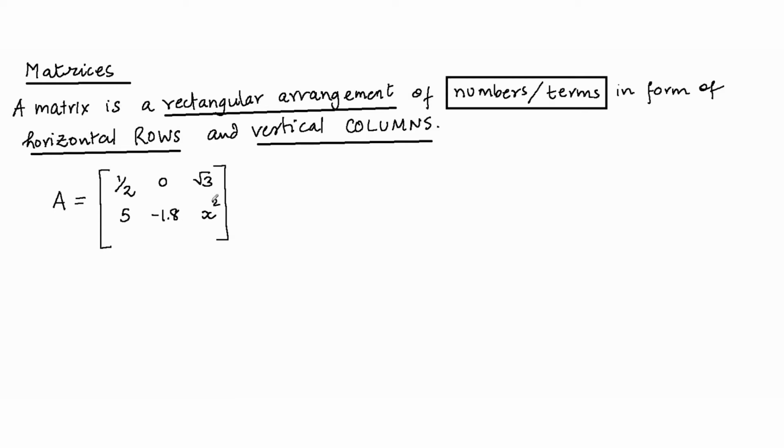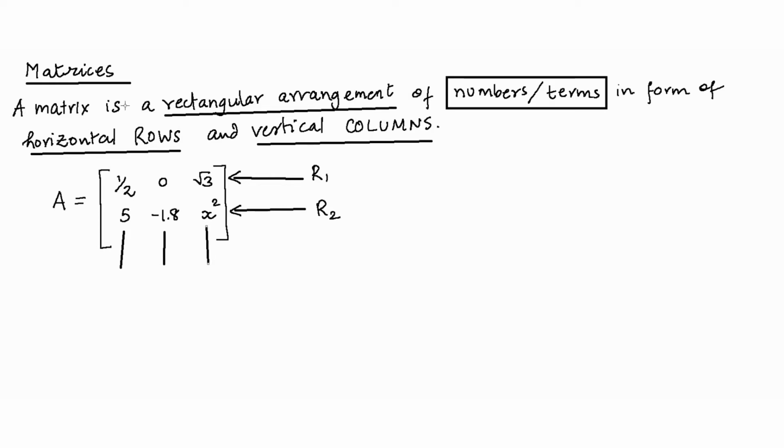Now you will notice here that there are two rows. The horizontal arrangement is called the rows. This is row 1 and this is row 2, and there are three columns. The vertical arrangement is called columns.